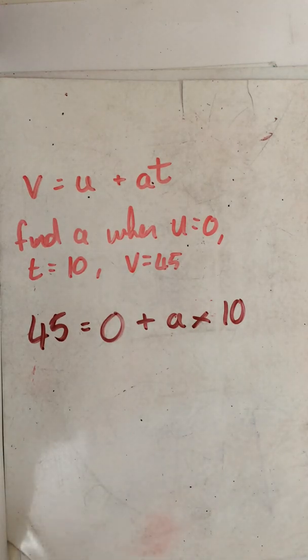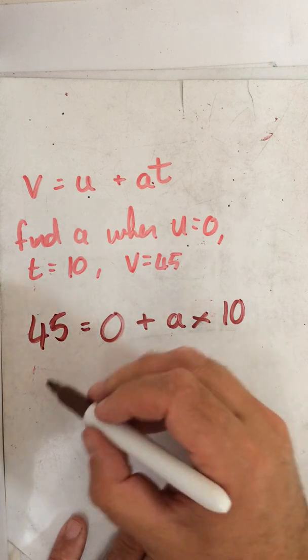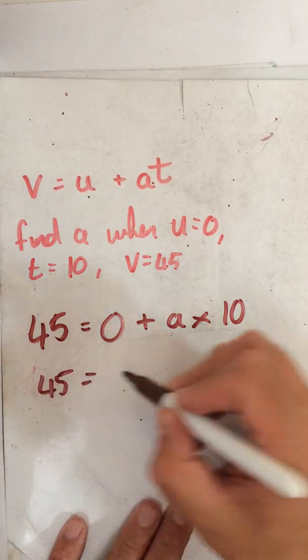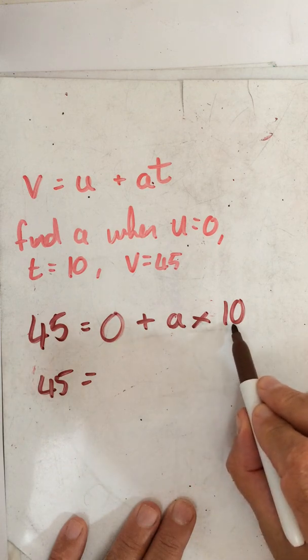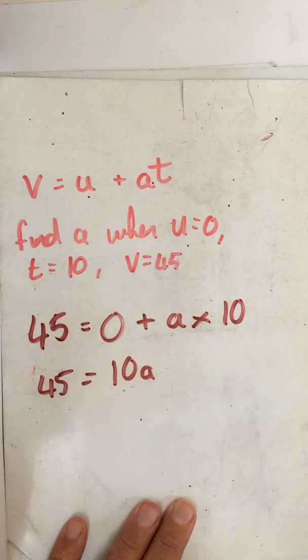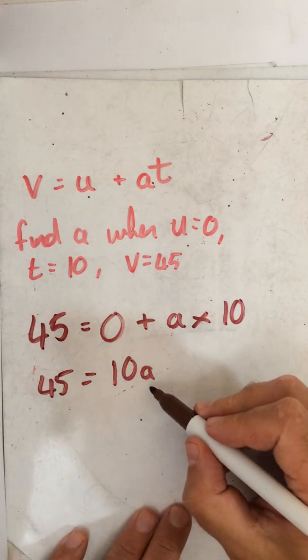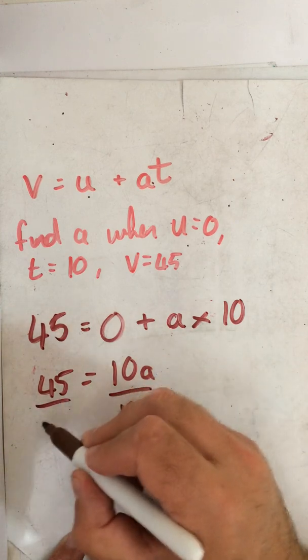So that's where I've substituted them in. Pretty straightforward here. I'm not even going to swap the sides this time. 45 is equal to, so the naught plus a times 10 is 10a, isn't it? If I want to find the value of a, divide by 10, the balance method.